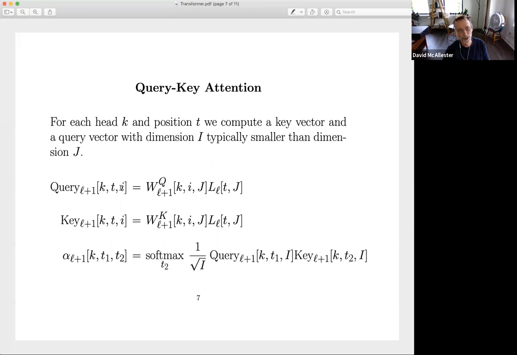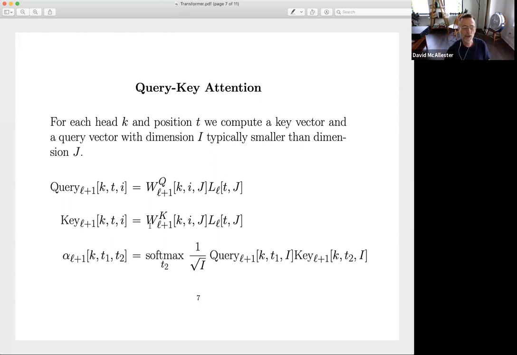So this with a capital I would be a query vector for the head k at position t. So for each position, we're constructing a query vector at that position by applying a matrix to the vector at that position that's in this layer. And then we also do the same thing. We construct a key. So for each position, we're constructing a query, and for each position, we're constructing a key.